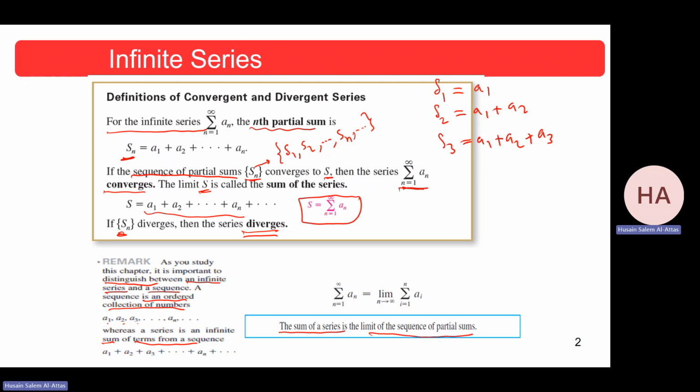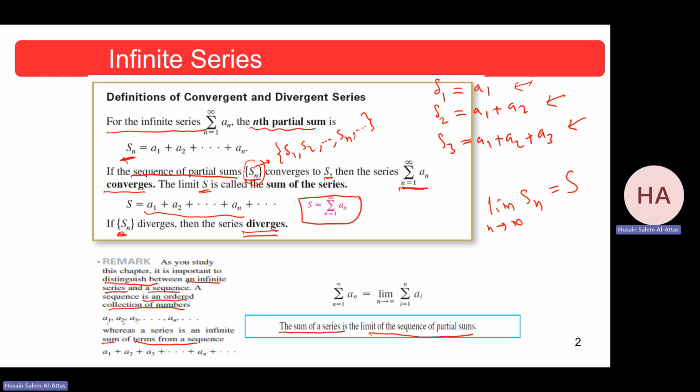I'll find first the sequence of partial sums. Then I'll find S1, S2, S3, then I'll find Sn. The sequence of the nth partial sum, they call it. So I have the collection of these numbers, the sequence S1, S2 until Sn, and I care about Sn. Since I need to check the convergence of this sequence, I need the limit of Sn as n goes to infinity.